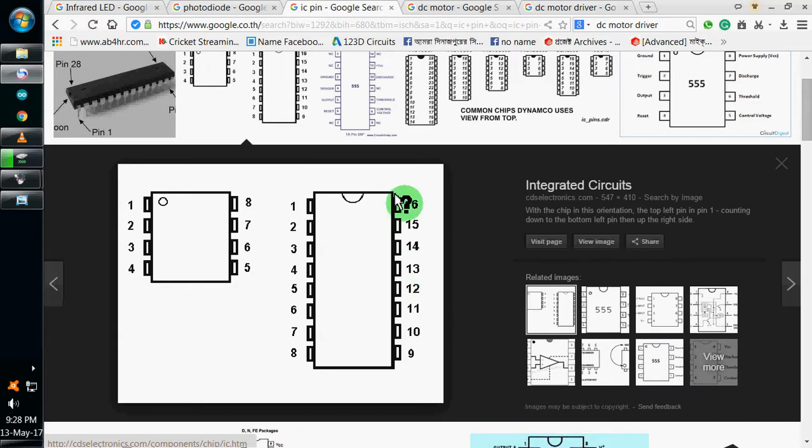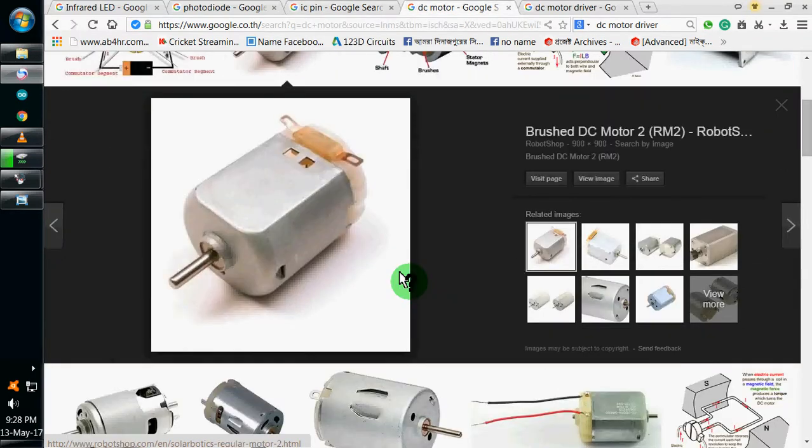Here also 1 2 3 4, the opposite one is 5 6 7 8. So we can easily find the pin numbers of any IC. When we get the physical IC, we have to find the notch first, then we will get the pin numbers.